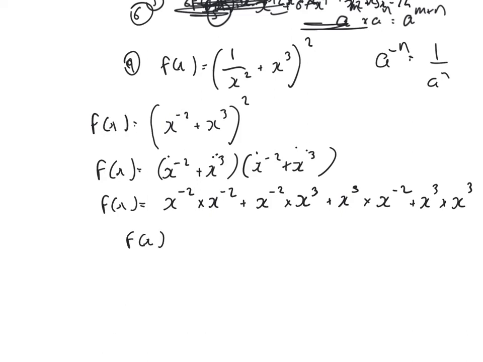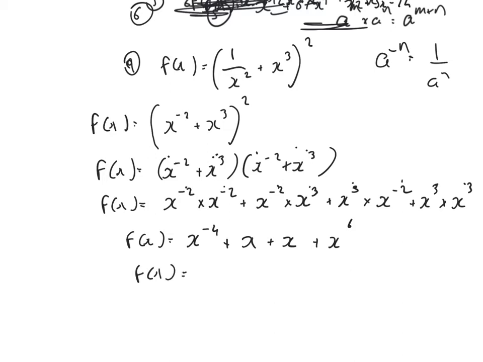Multiply, add the powers. Minus 2 add minus 2 is minus 4. Minus 2 add 3 is just 1. Don't need to show it. 3 add minus 2 is 1 again. And then 3 plus 3 is x to the 6.